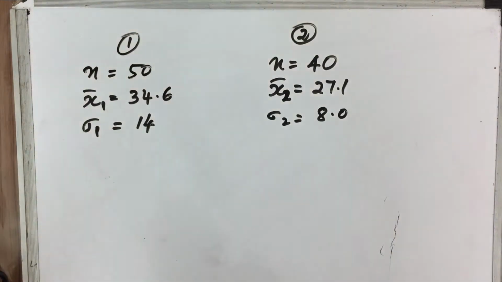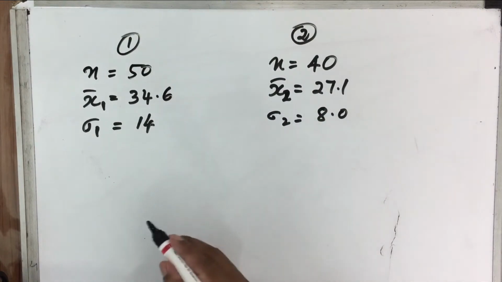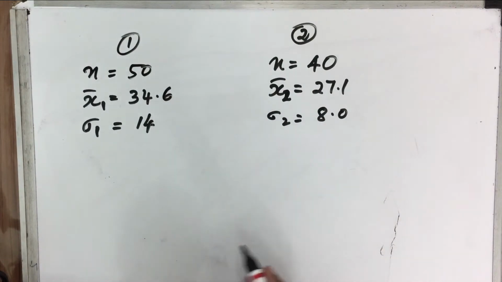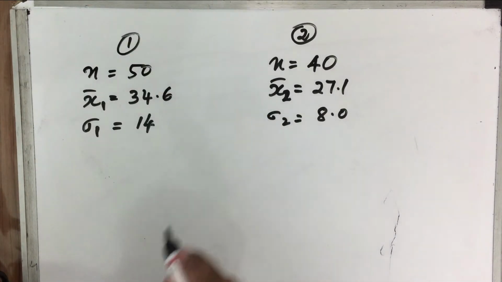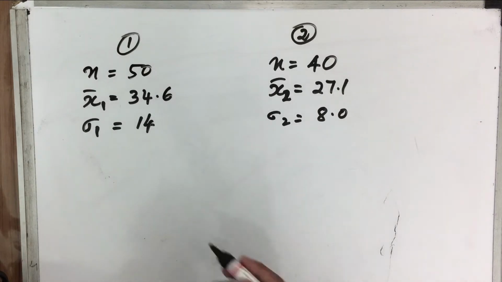Now comparing these two classes, we want to know in which class the data is more consistent. This number n is only to give information, which we will not use for calculation.